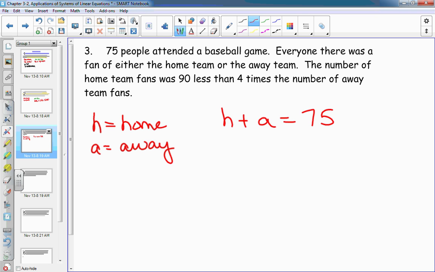Because the parts added together have to equal the whole. The parts are the home fans and the away fans, and all of that together has to equal the total fans, which is 75. Okay, let's keep reading. The number of home team fans was, I'm going to stop right there. What does that mean?